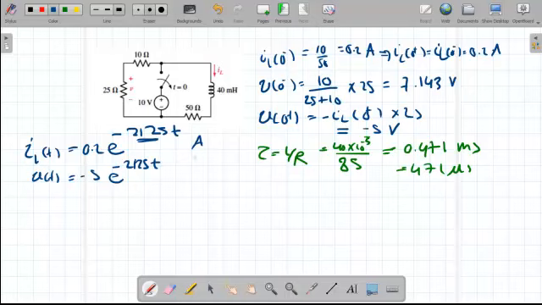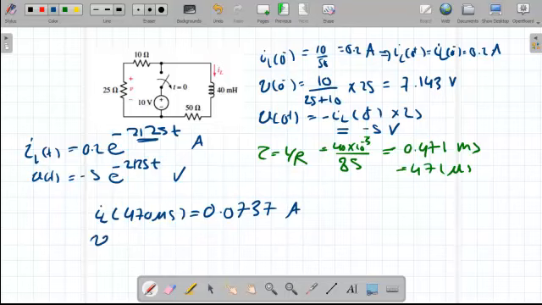This is in amp and this is in volt. So IL at 470 microsecond, we just substitute for t, will equal 0.0737 amp. And V at 470 microsecond will equal minus 1.842 volt.